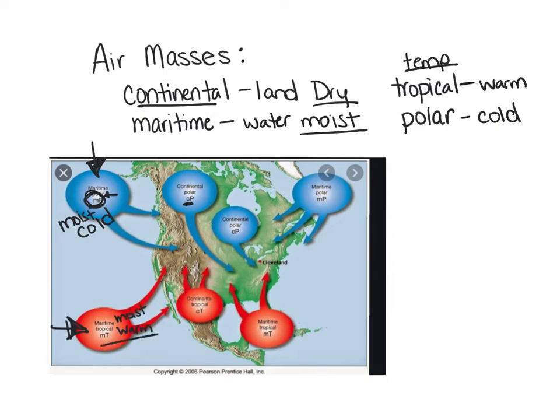And we can symbolize that with a lowercase m and a capital T. We use a lowercase c to abbreviate continental, a lowercase m to abbreviate maritime, a capital T to abbreviate tropical, and a capital P to abbreviate polar.